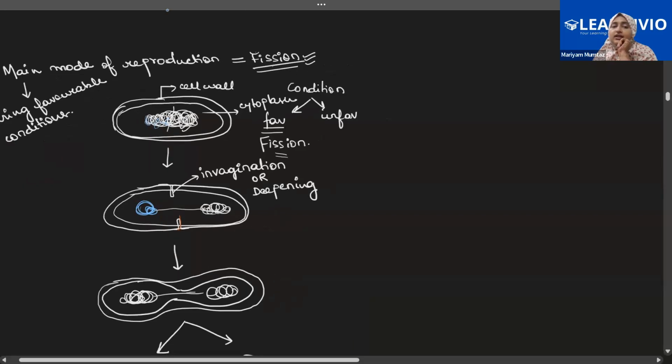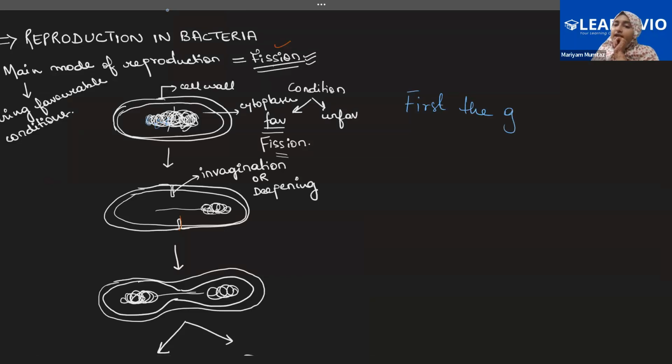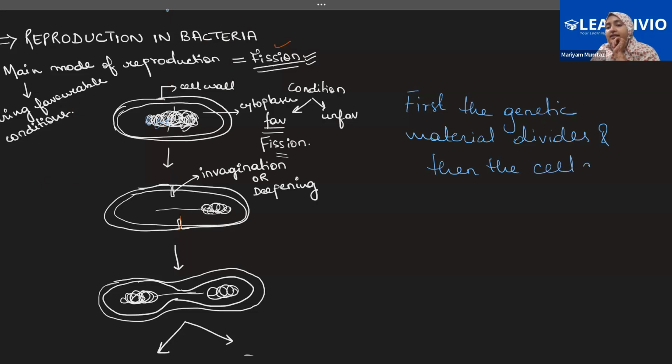First the genetic material, meaning the DNA, divides, and then the cytoplasm or the cell divides.